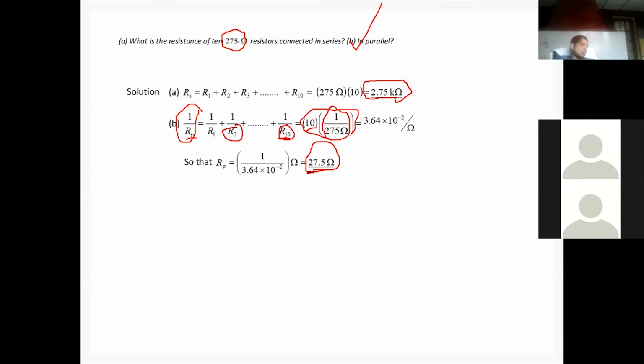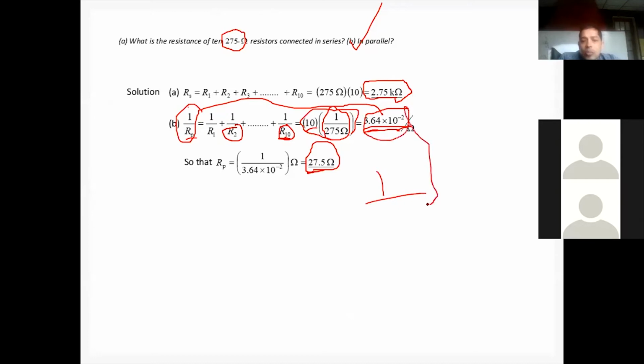Guys, make sense? Question? Comment? Where does the 1 over 3.64 times 10 to the negative 2 fit in? Okay, don't worry about it. This is 1 over RP. Then RP is 1 over this again.